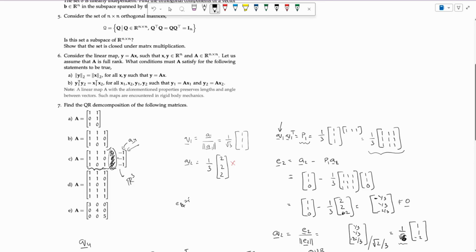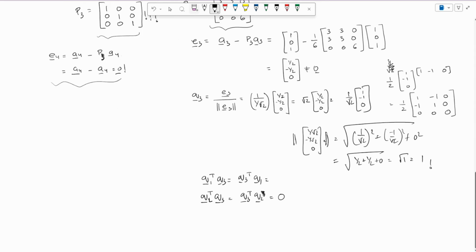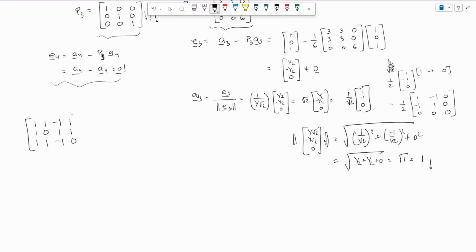Let's just change this matrix a little bit and redo the whole thing. Let's do the QR decomposition of this.